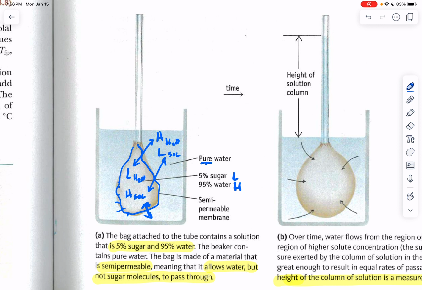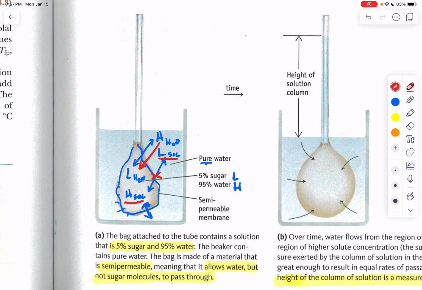So as a result, even though normally you would think that the salt particles would want to go from high concentration, let's change colors here, from high concentration out to the low concentration, they can't. It's blocked. So there is a net flow of water in. The solute cannot get out, but the solvent comes in.